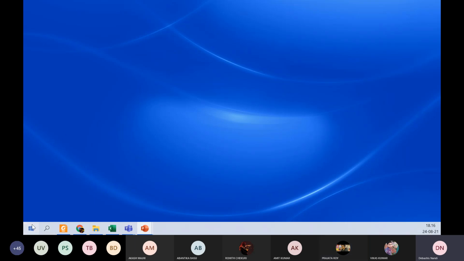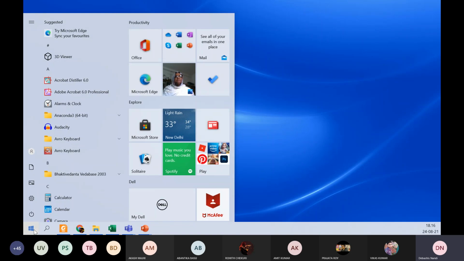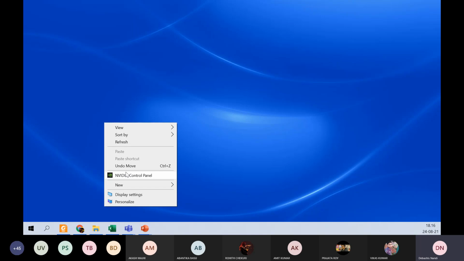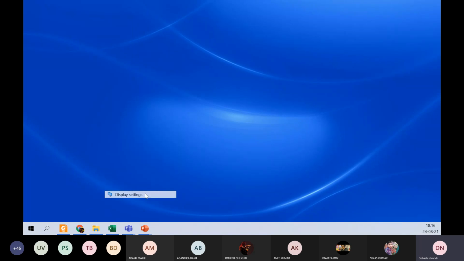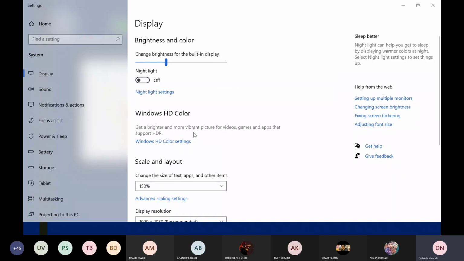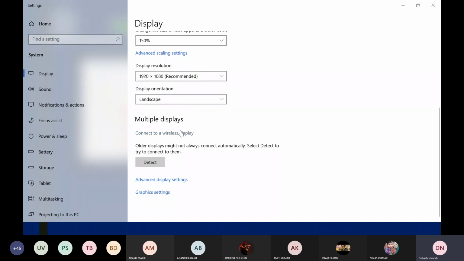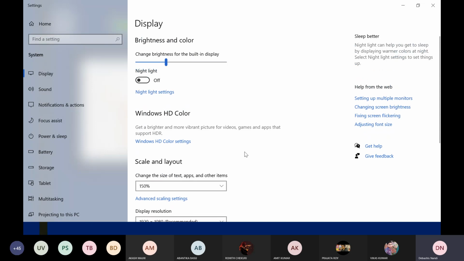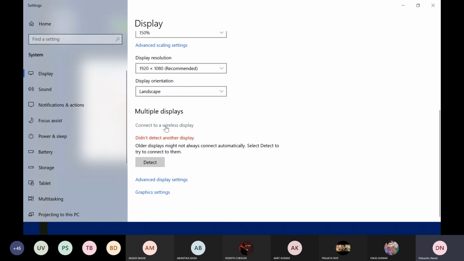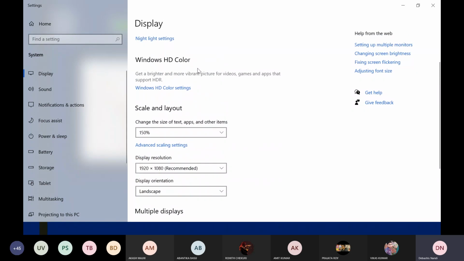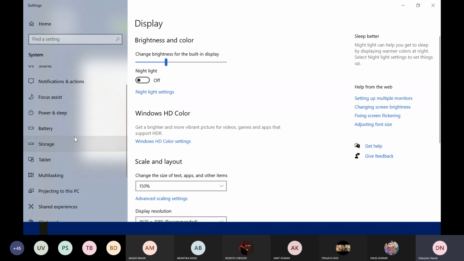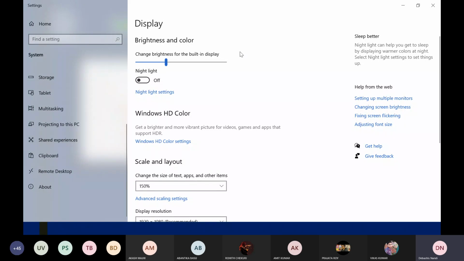Let me make a correction here. Where is the display property? This is display.